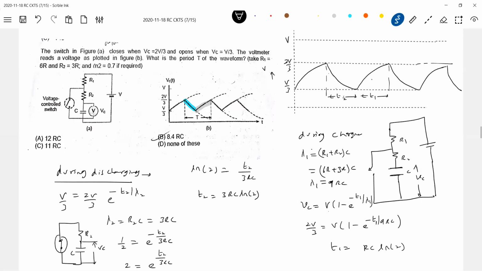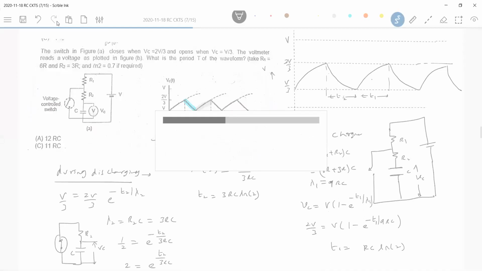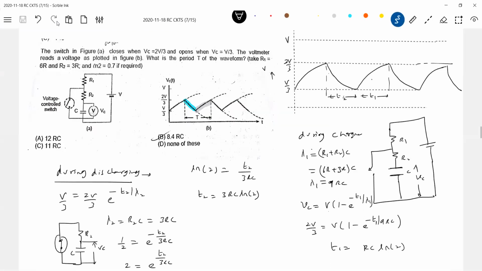All of you can hear me? Yes, sir. Okay, anybody just calculate the value of T1. 9RC log 2.